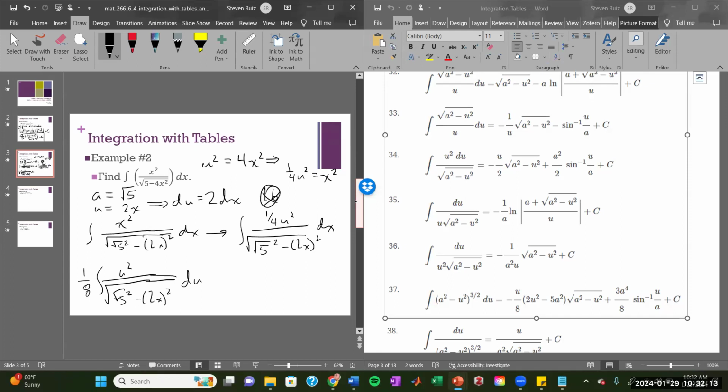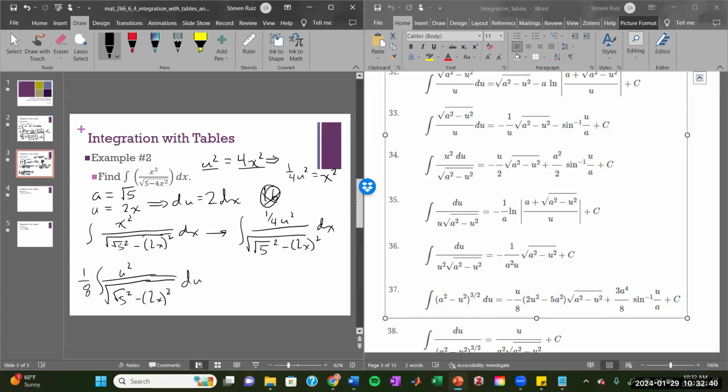Questions about how we got here? Go ahead. I'm a little confused about the 1/4. Sure. Let's go back to our first substitution. Are you okay with the u equals 2x that we declared? If u equals 2x, then if I square both sides, I get u squared equals 4x squared. And if I divide both sides by 4, I get 1/4 u squared equals x squared.